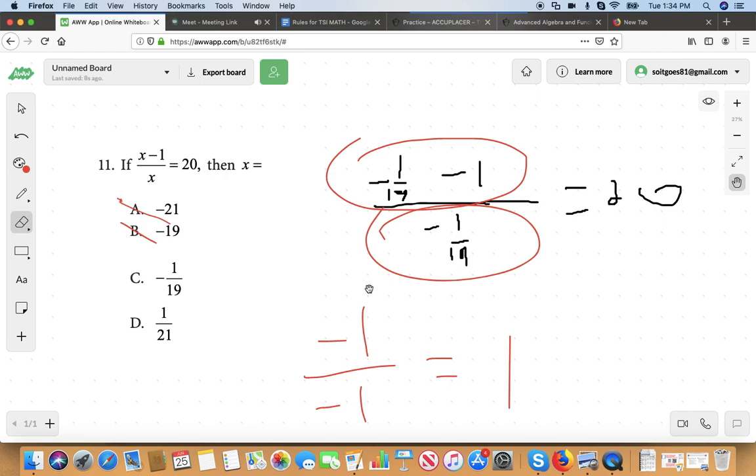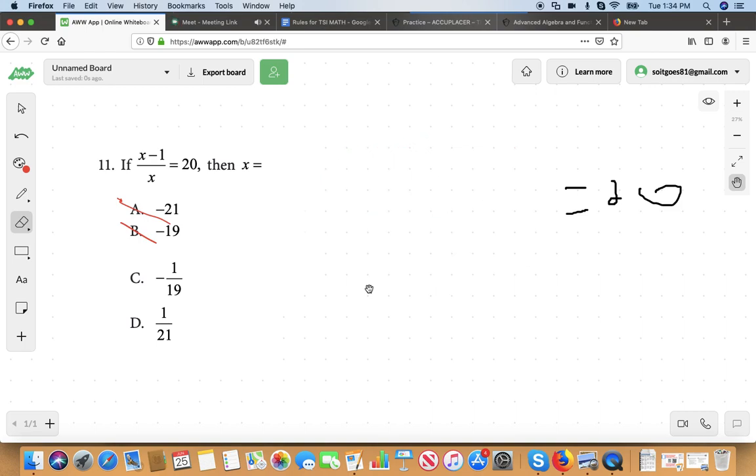Okay. So I don't know the value of the left-hand side of that equation, but I know it's positive, and it might be 20. Let's leave it for now. I want to test answer choice D. Okay. So plug in answer choice D.